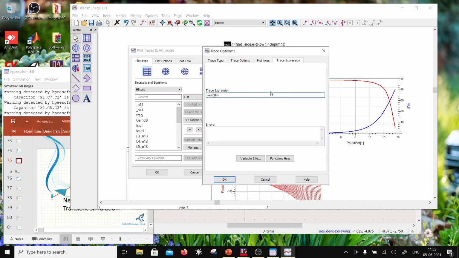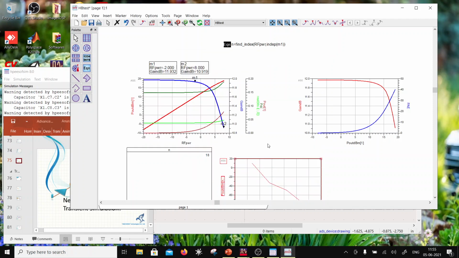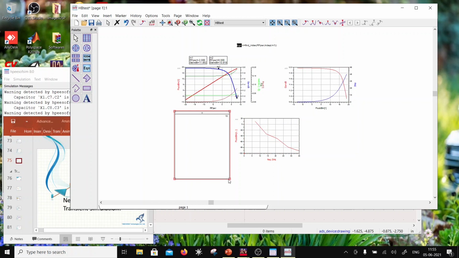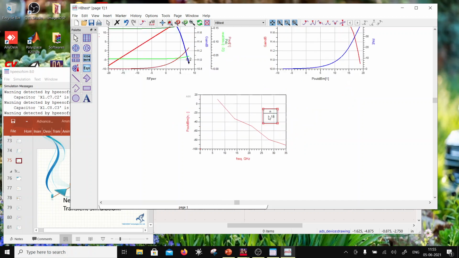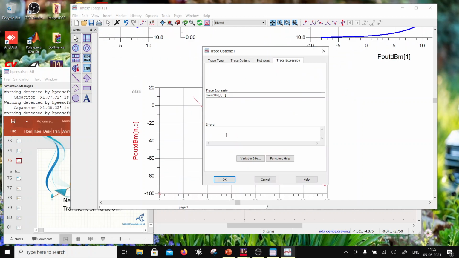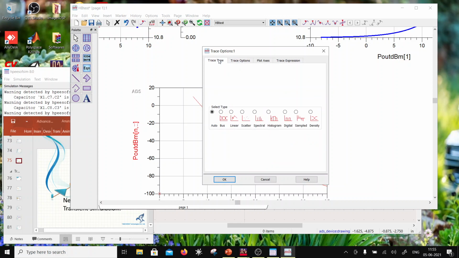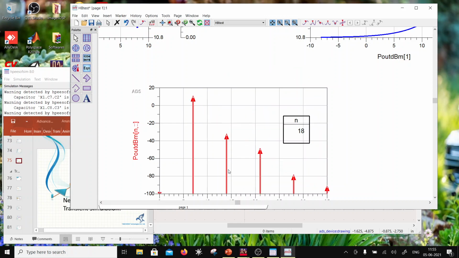So over here, n comma everything of the frequency. Okay, and here let's zoom in on this, and I want to put the trace as spectral trace.